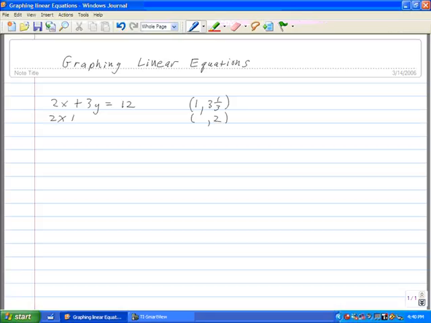Again, we come up to our equation, make the substitution. I'm going to subtract off the 6. Divide by 2. And again, I've got the second half of the solution.